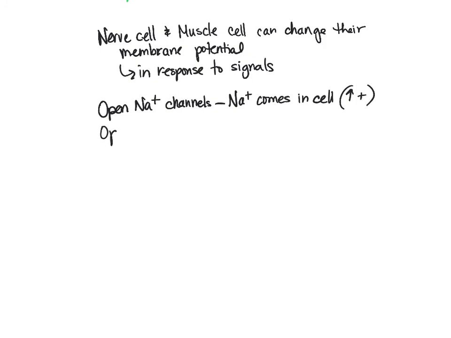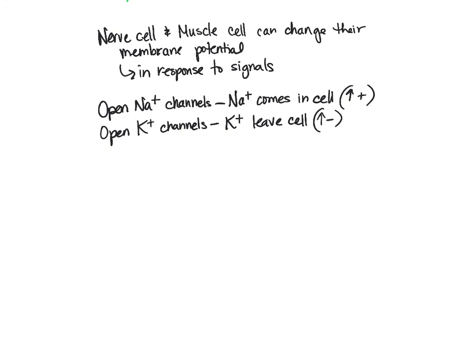We can also open potassium channels. And that is going to allow the potassium to leave the cell because there's more potassium inside the cell than outside the cell, so it's going to go down its concentration gradient.